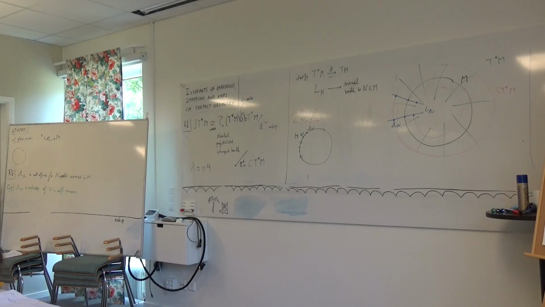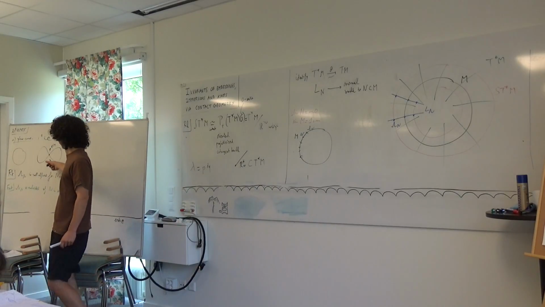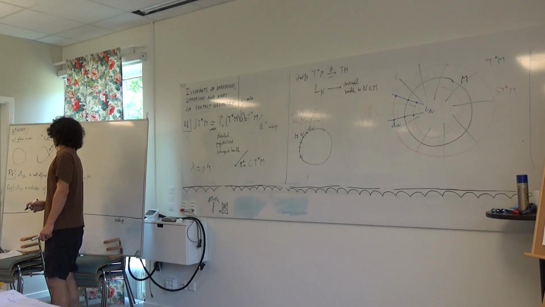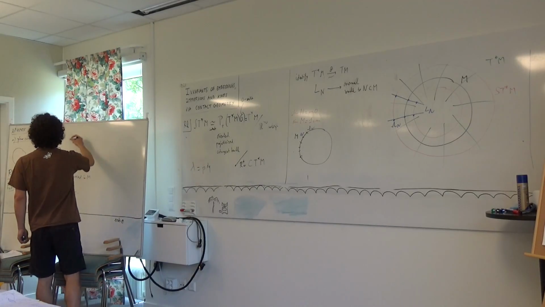Why? Because over double points, so for example, over this double point Q, we have 4 points in lambda n.